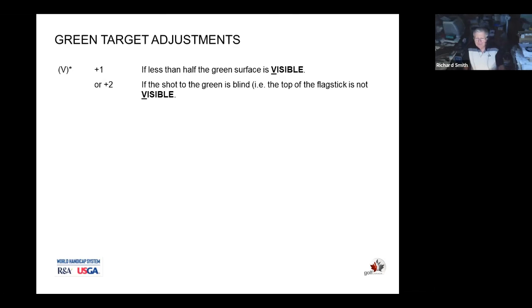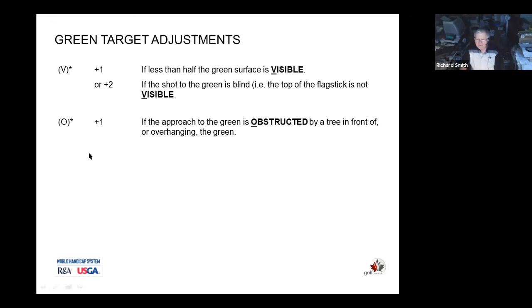You only know from what the yardage is what sort of shot you should be hitting. We would have possibly an obstructed, and this is what happens if there's a tree in front of or which has branches overhanging the green that would get in the way of somebody's approach shot.